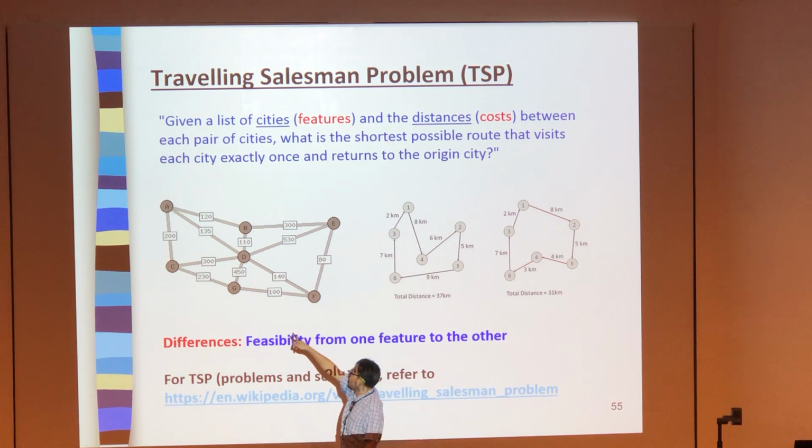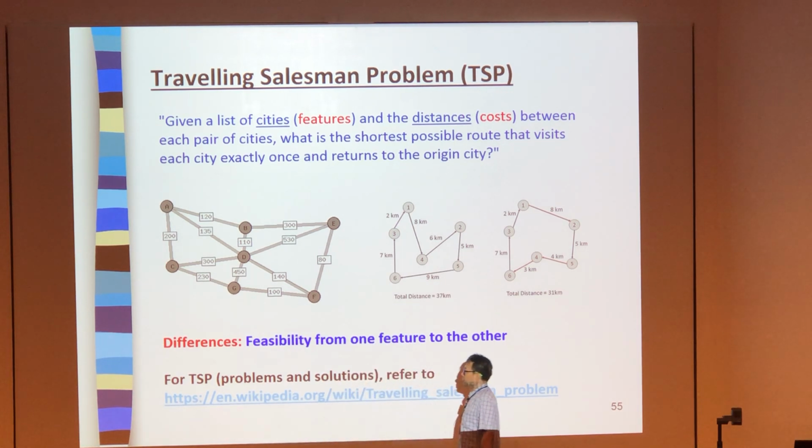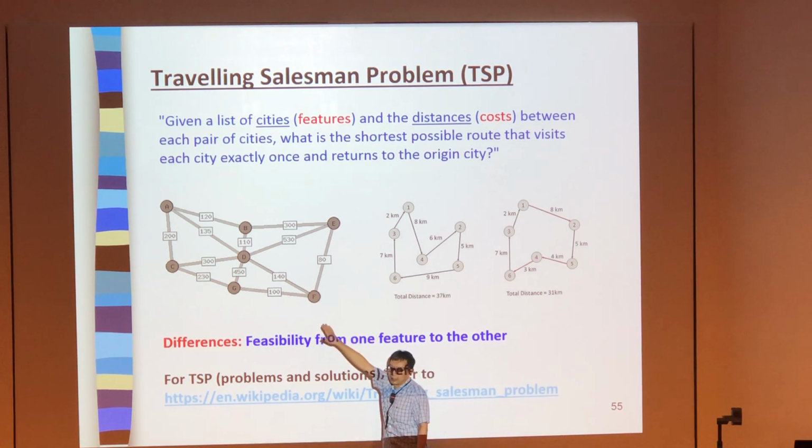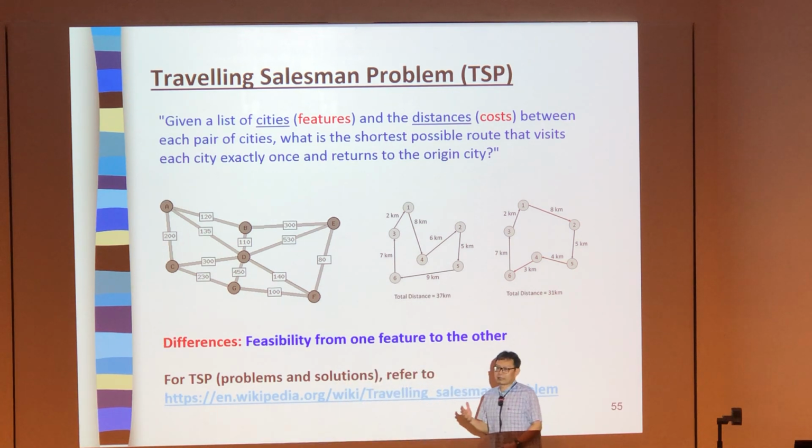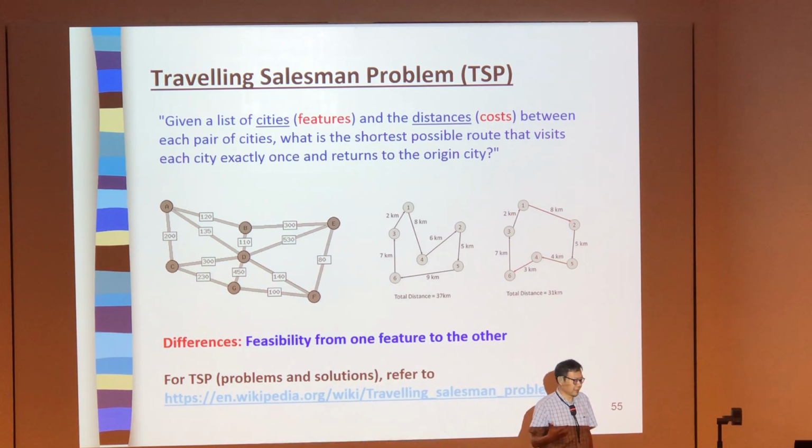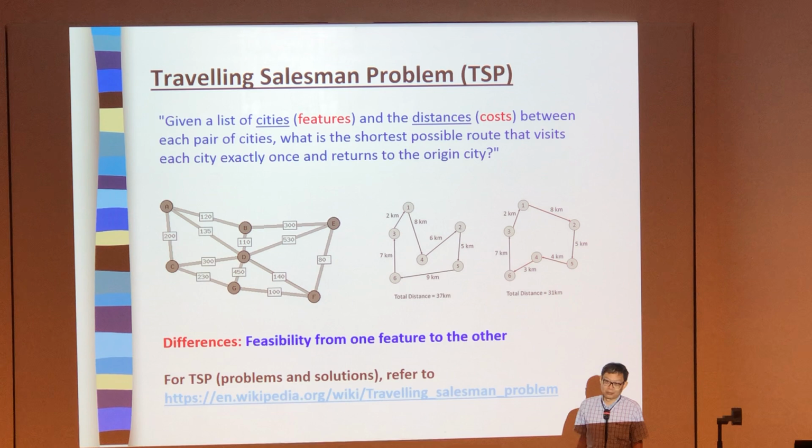For example, between A and G there's no direct route. But anyway, all the available routes are listed with the distance between them. We consider this distance as some kind of cost, because the distance will be related to the petrol you use, or the transport cost.